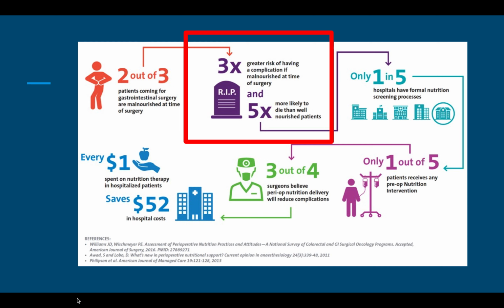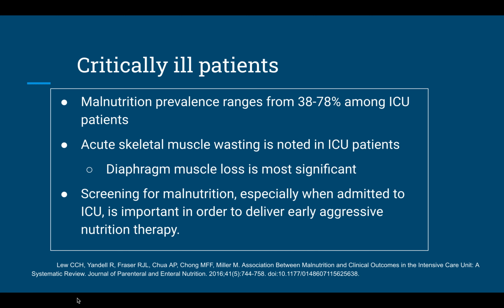At the time of this study, and this again was the big landmark study, only 1 in 5 hospitals had a formal nutrition screening process. And most surgeons believe that peri-op nutrition will reduce the complications of surgery, and that's actually really true. But still, very few patients really receive pre-op nutrition intervention.